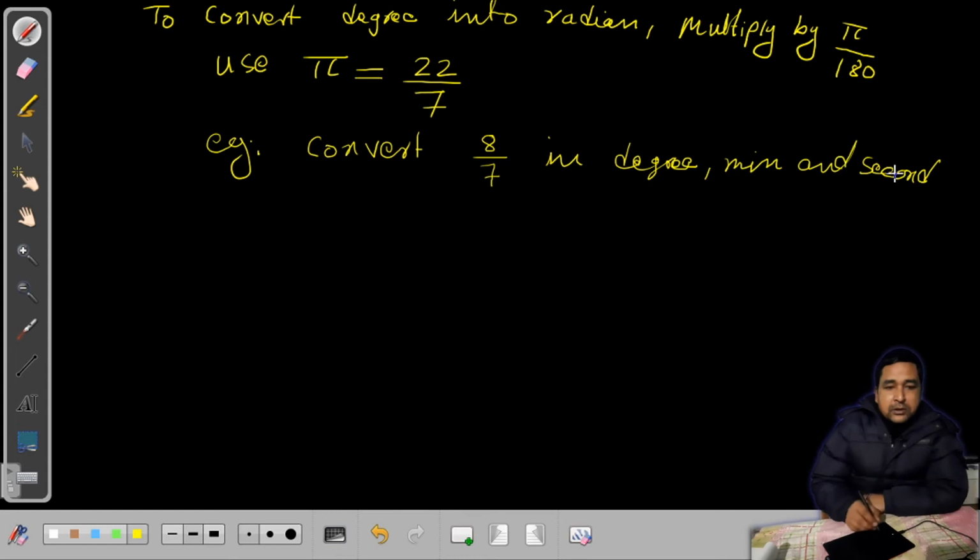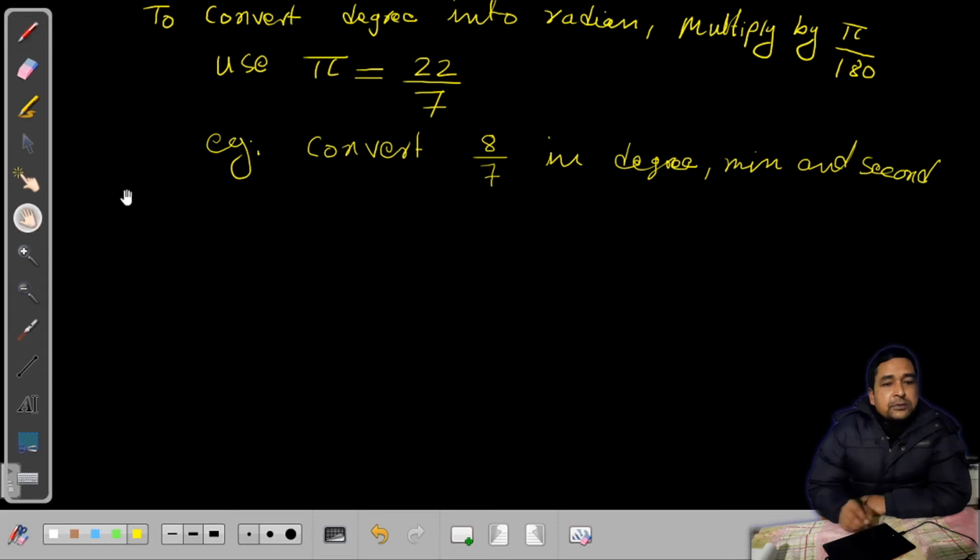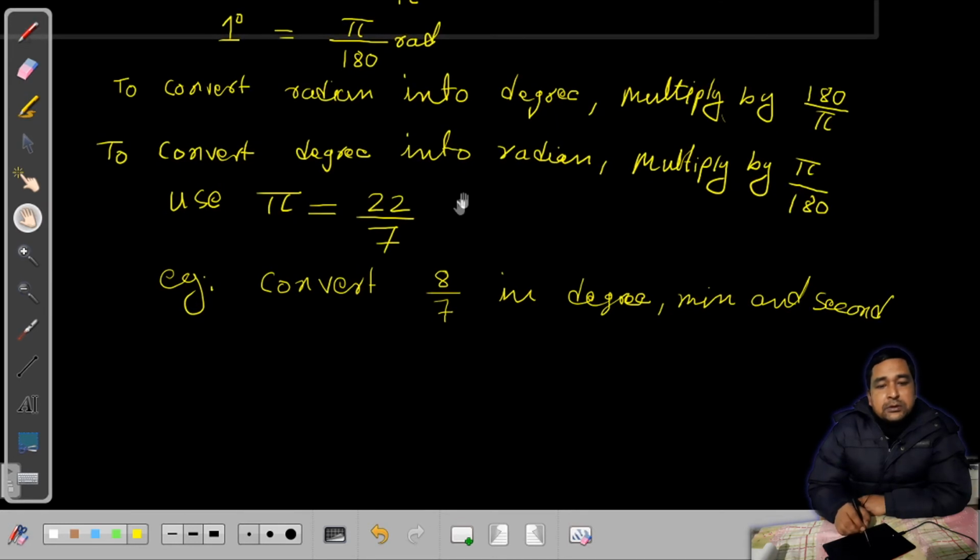Okay, now to convert radian into degree, look here, multiply by 180 upon pi.